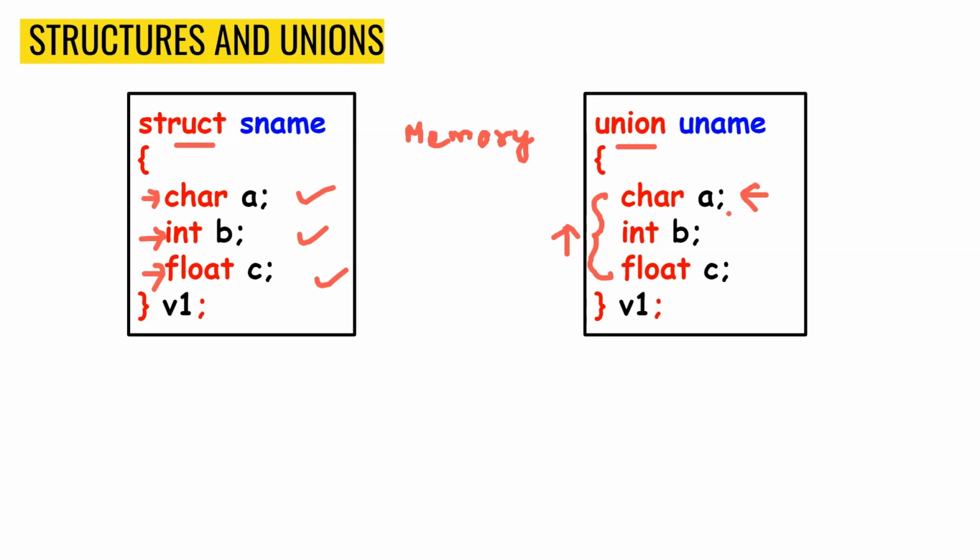In the example given below, we have a structure sname and a union uname, and we have declared variables for both the structure and the union with the same name v1.